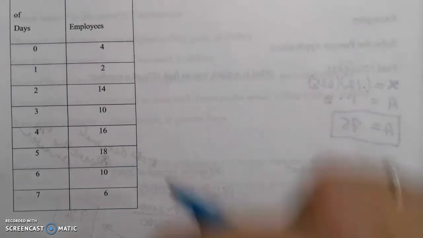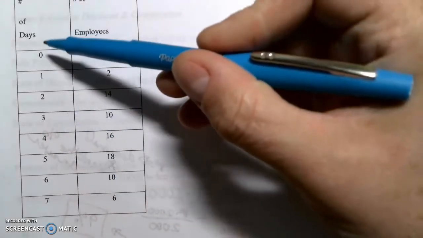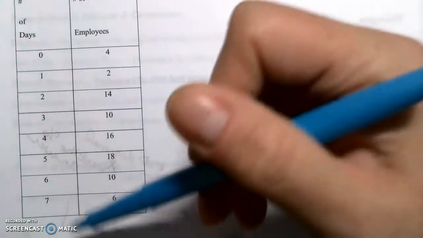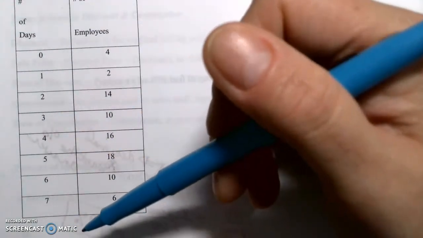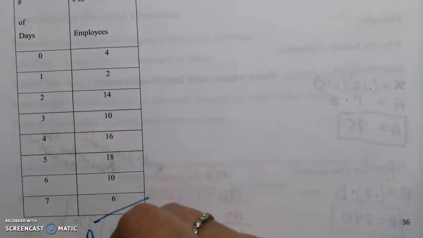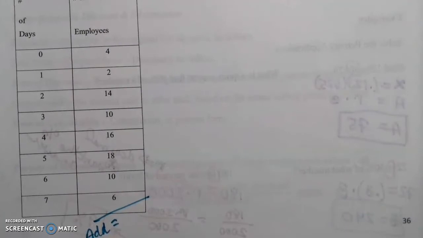People can't be gone a different number of days. They're either gone 0, 1, 2, 3, 4, 5, or 6 days. They can't fall into more than one of these categories. That means that nobody is double counted over here on the employee side of the column. So I can just add those up and get the total amount of employees.